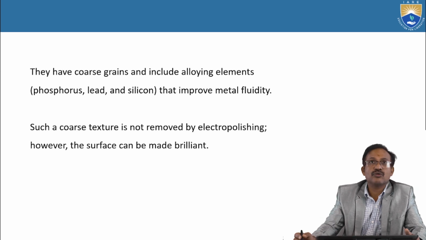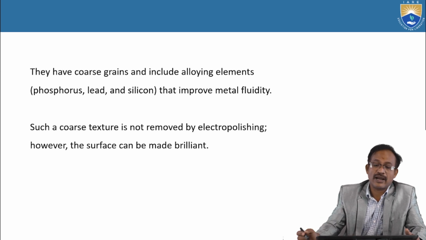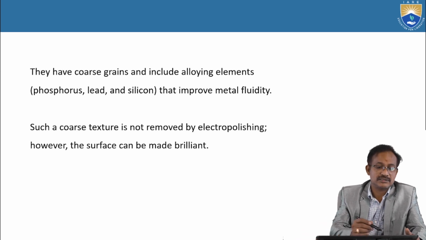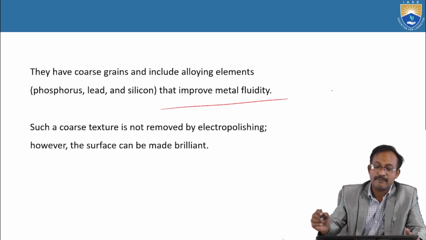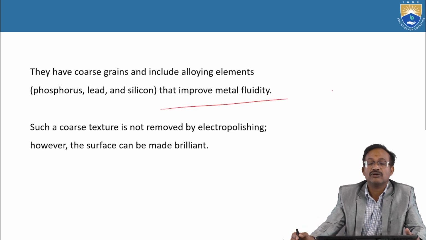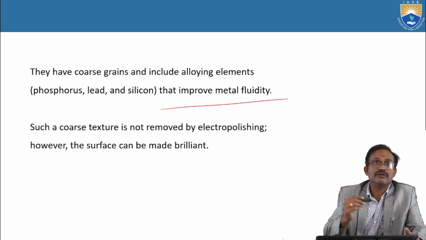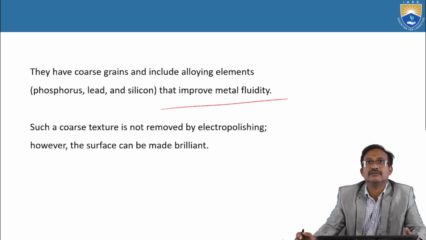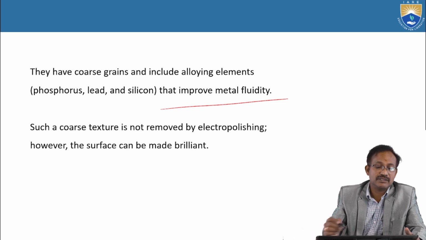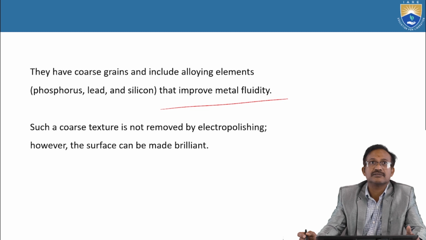Okay, they have coarse grains and include alloying elements such as phosphorus, lead, and silicon that improve the metal fluidity. Usually these elements will have good fluid properties. But these have coarse grains.